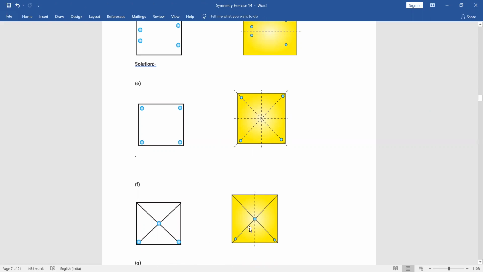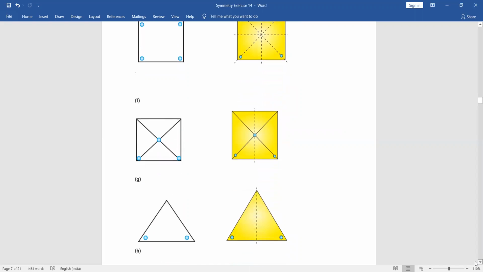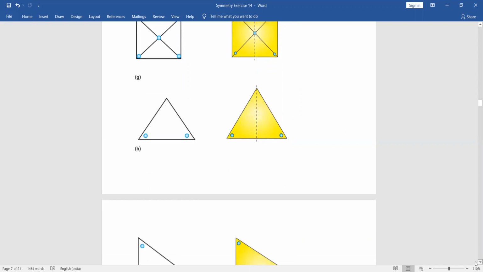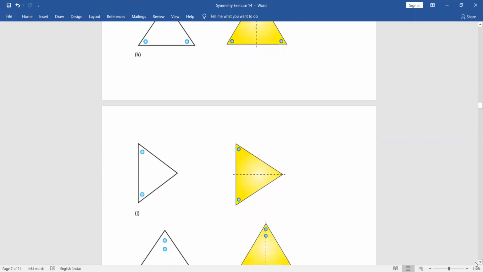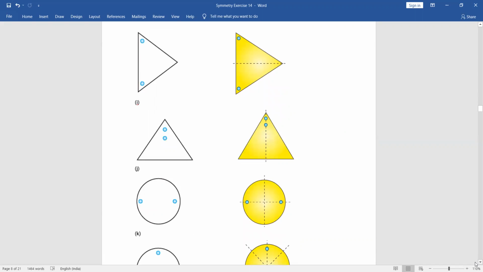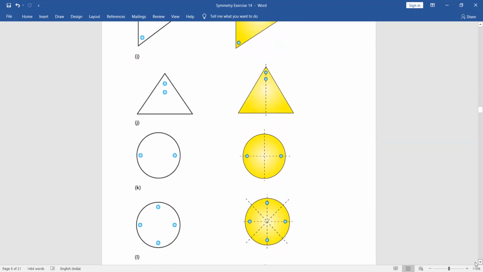But here just see 2 holes at the bottom and 1 at the center. So here we can have only 1 line of symmetry, none else. From the center we can draw 1 line of symmetry. In this figure again from the center, because we have 2 punched holes, in both ways we can draw the line of symmetry.